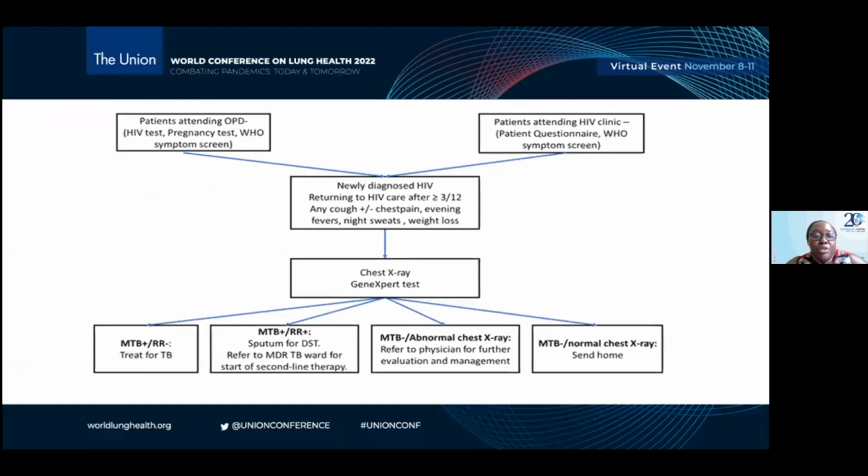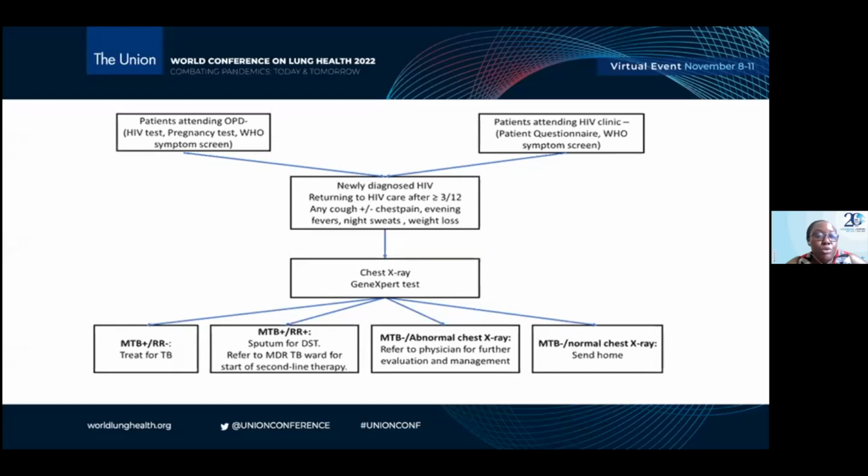So what did we do? At health facilities, we chose 2 health facilities where all patients attending the HIV clinic were given a WHO symptom screen. If they had cough of any duration, they were then given both a chest X-ray and a GeneXpert test.